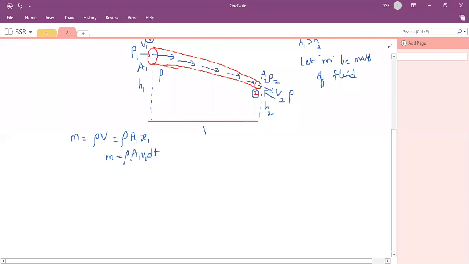Then the small amount of mass flowing in a dt interval of time is rho A1 v1 dt. This mass is entering with speed v1 at point 1.